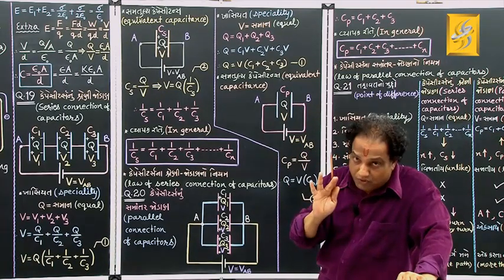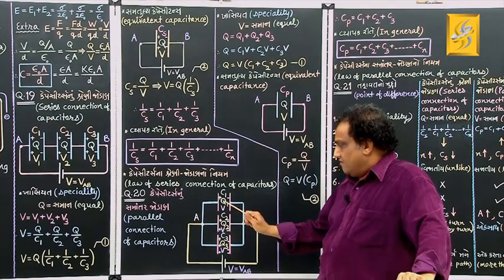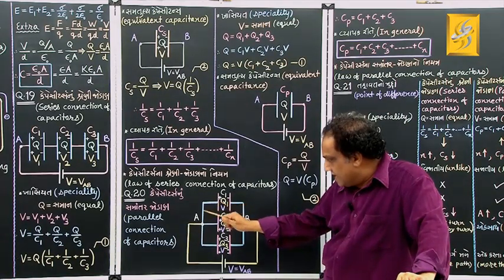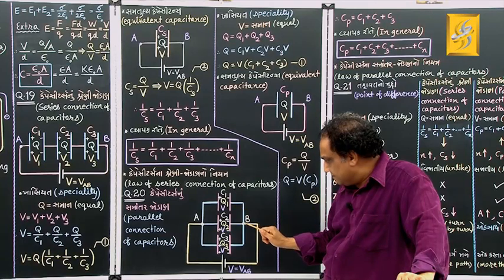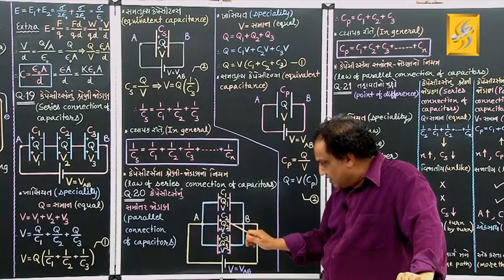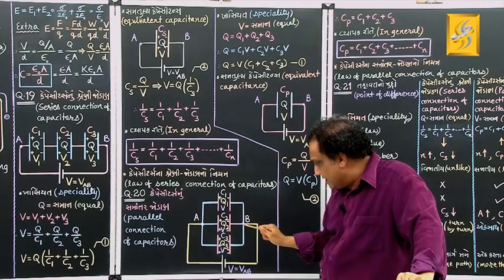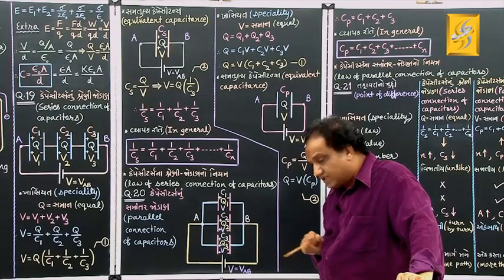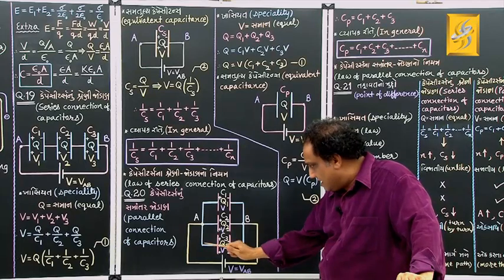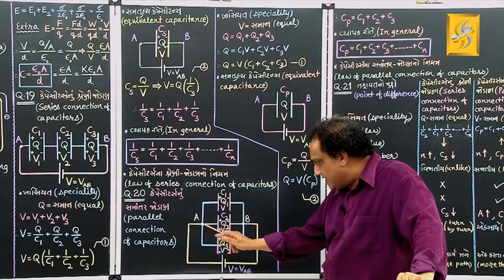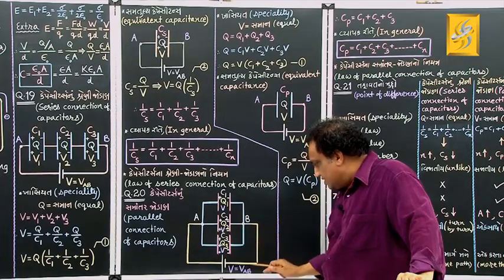But how? I am showing you. Which are the two endpoints of this capacitor? They are points A and B, correct? For this capacitor also, its two endpoints are A and B. For this capacitor also, endpoints are A and B, correct? And tell me, between points A and B, what is the potential difference?